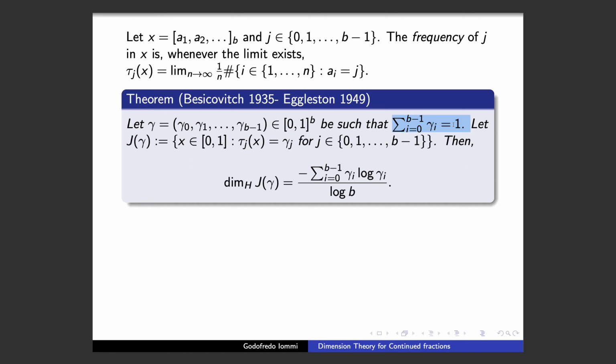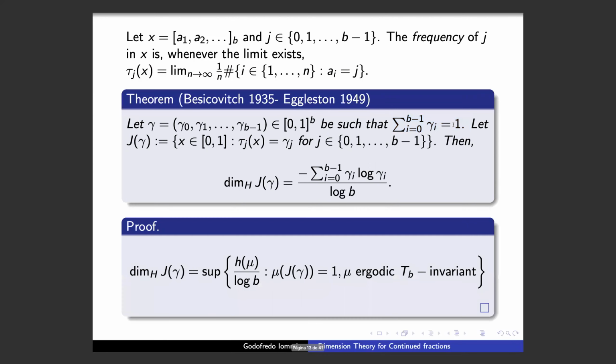There are plenty of ways of proving this result, and I will mention briefly one, which is not the simplest, but it's one that I will be interested in later, which is the following. You can show first that the Hausdorff dimension of that set is actually the supremum of this quotient, which is entropy over log b, where the entropy is computed on the ergodic measures that support that set J gamma.